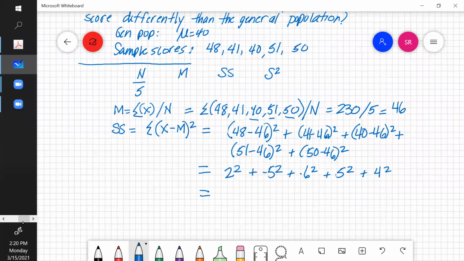And if we calculate this through, we get 4, plus negative 5 squared is 25, negative 6 squared is 36, 5 squared is 25, 4 squared is 16, and the sum of squares in this problem equals 106. So let's fill that in. And let's fill in the mean, 46.